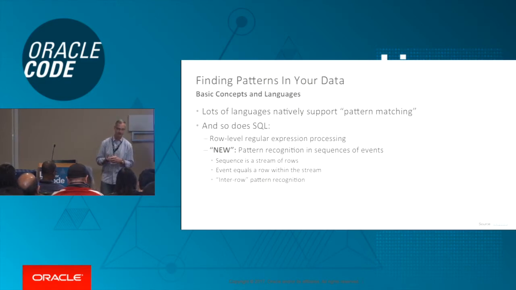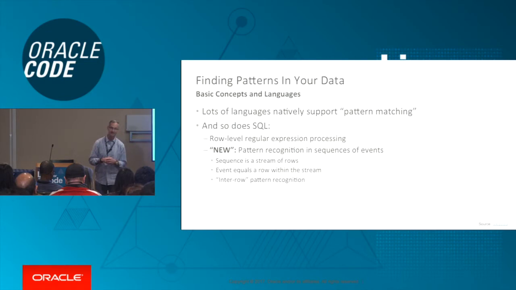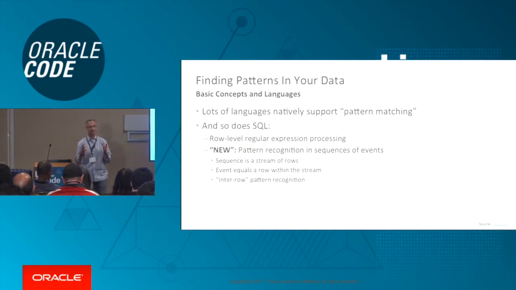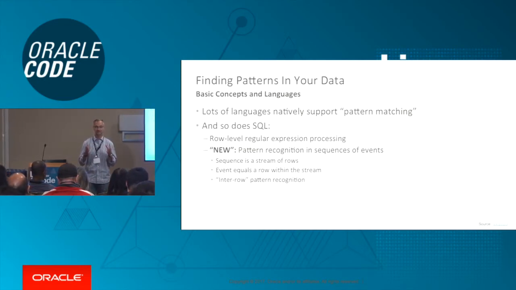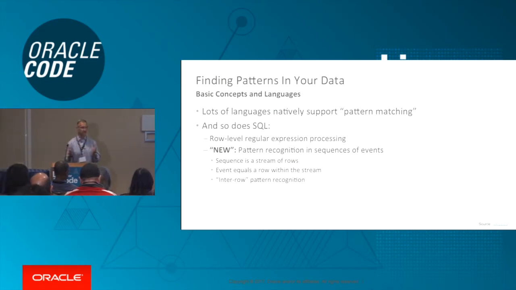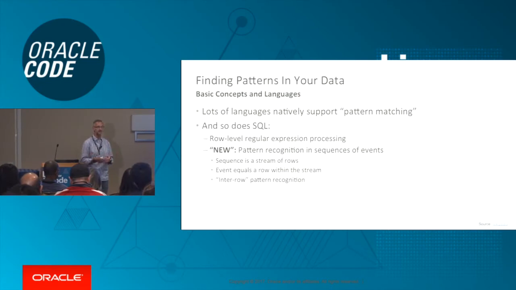What is new in terms of the capabilities in the database, and I put new in quotes because new in that sense means since 2013, is the capability not only to detect patterns within a string, but a technology that detects patterns in a stream of events, where the stream of events is actually a stream of rows or transactional data.